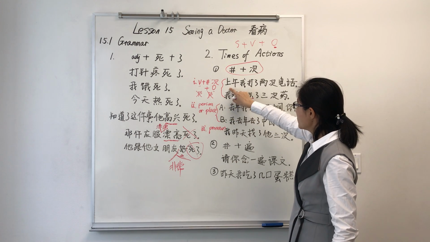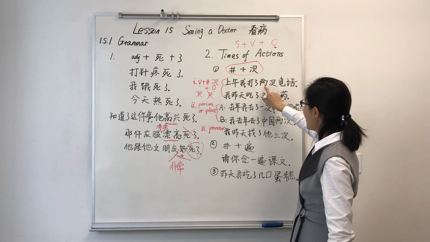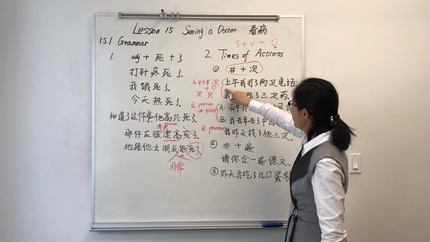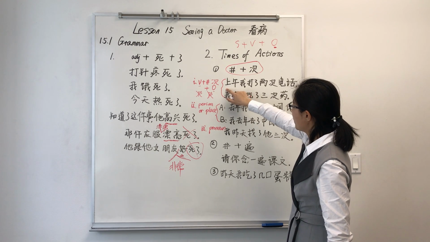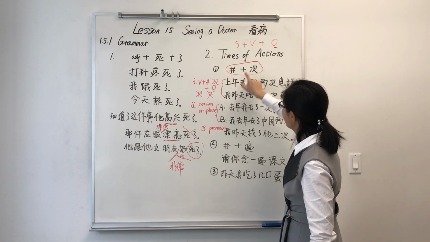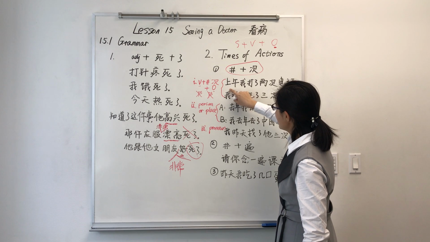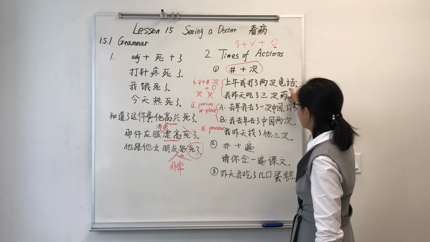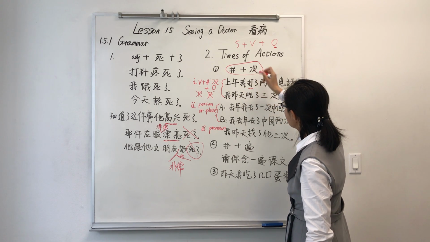For example, 上午我打了2次电话. 上午 means a time. We are emphasizing this, so we pull it in front. 上午我打了2次电话. 打了 is a verb in the past tense.